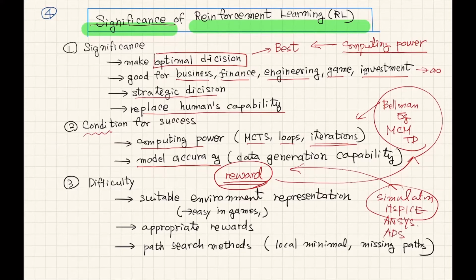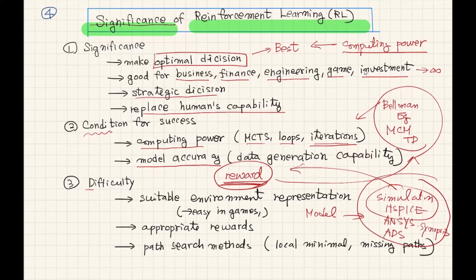This kind of RF or synapses, depending on whether you are working on chip level circuit design, RF circuit design, package design, or PCB design, you can use different simulation machines, and these machines will be very useful to calculate the reward. So in order to make the best optimal decision, the model accuracy will be an important requirement.